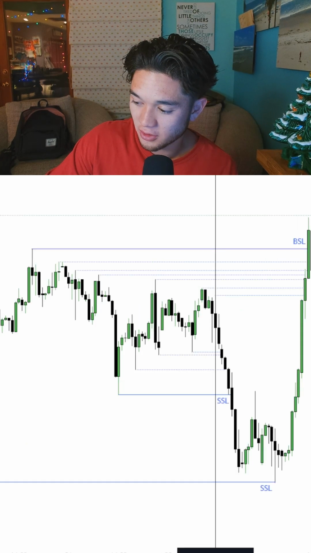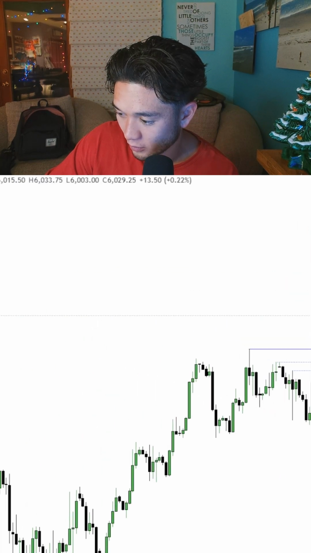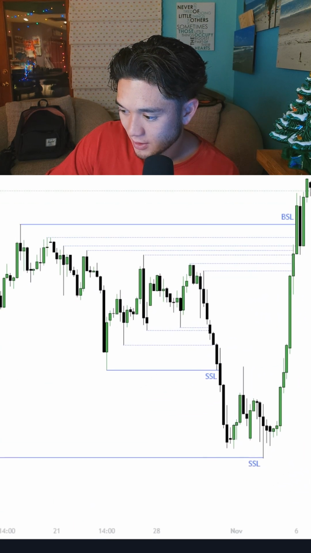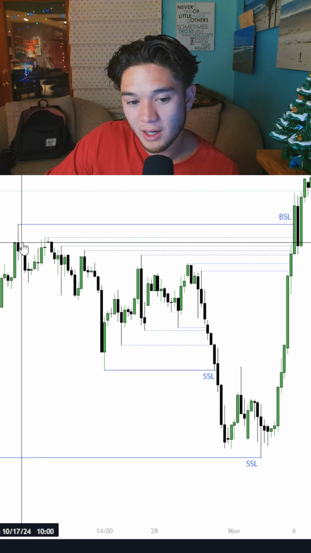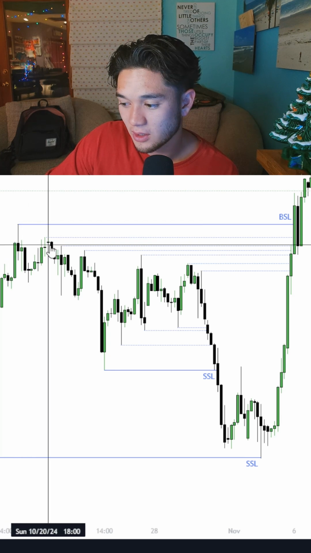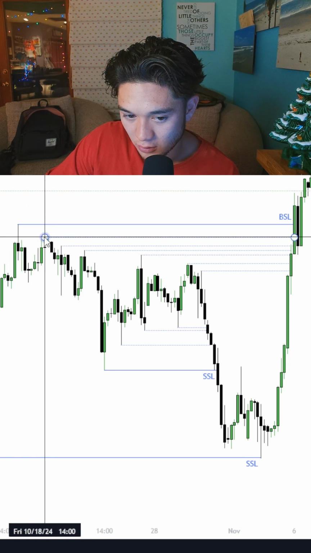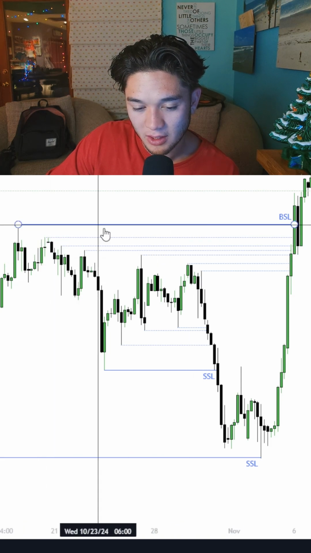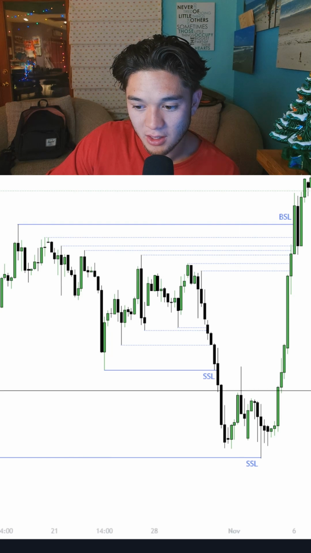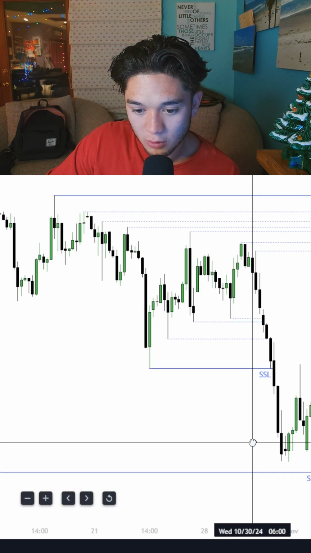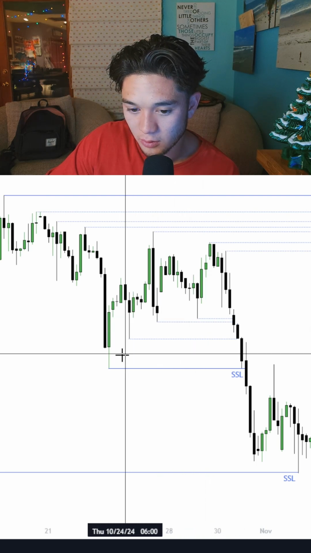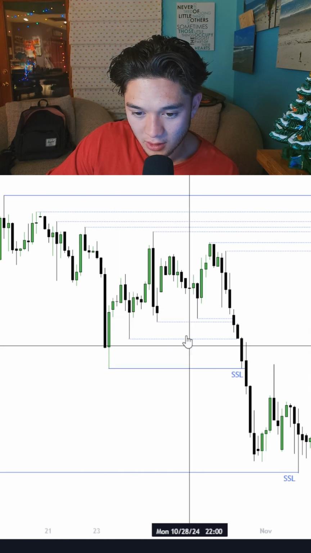So now there's a lot to look at here. I'm now on a 4-hour time frame, and we put in a high. We have buy side liquidity, and you can see we're starting to generate highs. Look at all these highs we're putting in. I marked them all out. All these highs, and while we're setting up those highs, we were also setting up these lows to be swept, sell side liquidity.